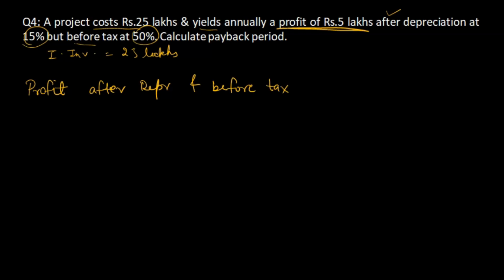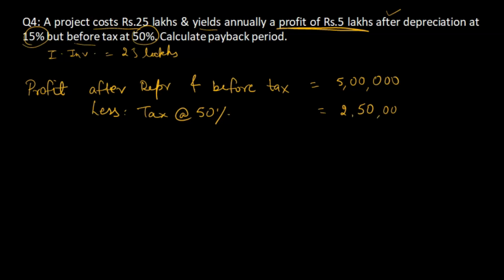That is 5 lakh. From this profit, for finding CFAT, first we have to deduct depreciation and then tax. Depreciation is already deducted. Now we have to deduct tax from it. Tax rate is 50%. So 50% of 5 lakh will be 2,50,000.